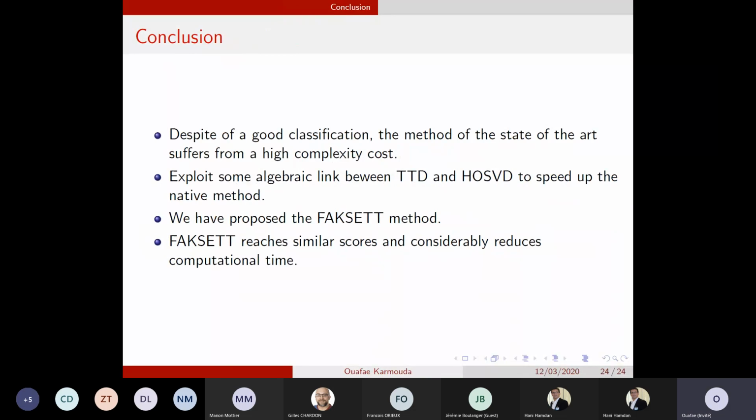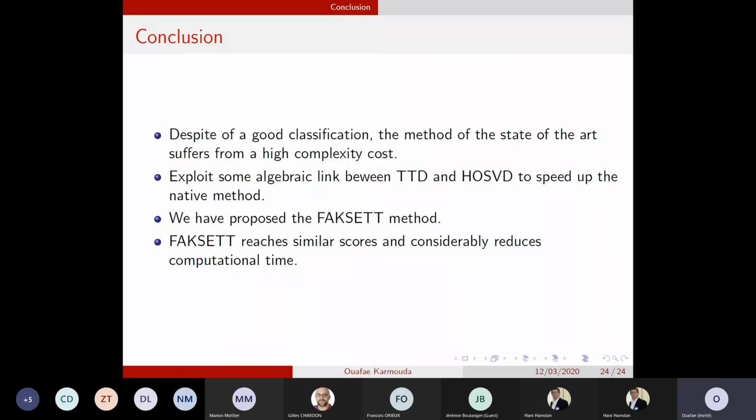So to conclude, we have presented a method named FAKSETT, or fast kernel subspace estimation based on Tensor-Train Decomposition, that reduces significantly the running time for the computation of the factors, even when working with Q equal to 4.